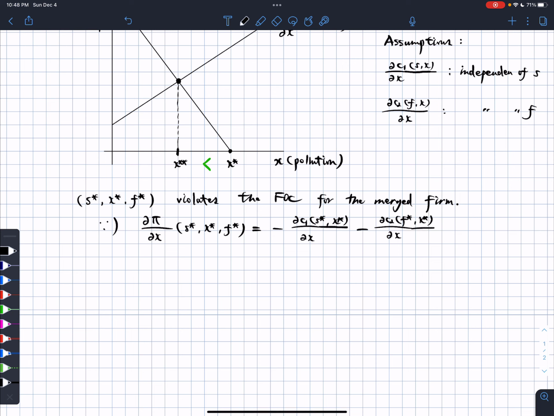we have this much, and I know that the first term is 0 because we saw this when the two firms act in a self-interested manner. Firm 1 would choose x so that this is equal to 0, right? So this much would be 0. Then the whole thing just reduces to the second term.